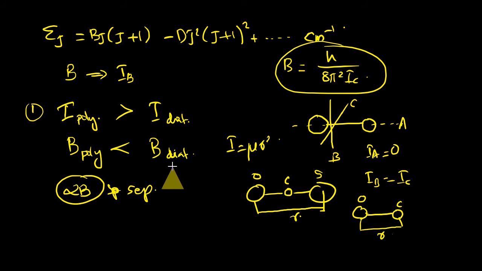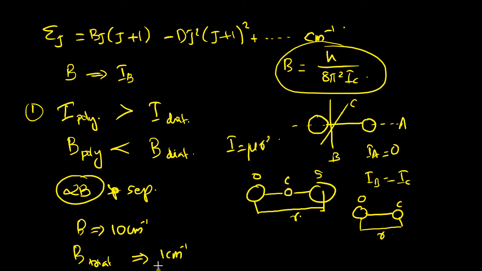For example, in the case of a diatomic molecule, B will be in the range of 10 centimeter inverse, something like that. If you are taking many examples of diatomic molecules, B will be in the range of 10 centimeter inverse or so. But at the same time, B in the case of a triatomic molecule will come to something like 1 centimeter inverse.